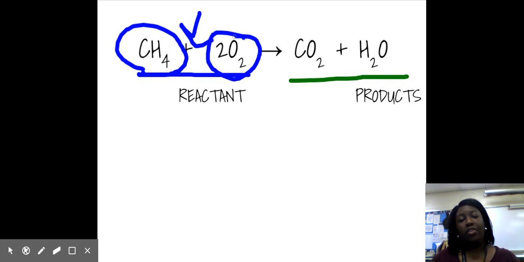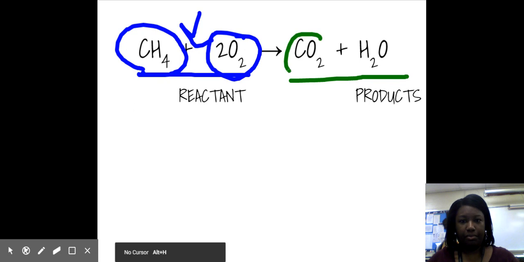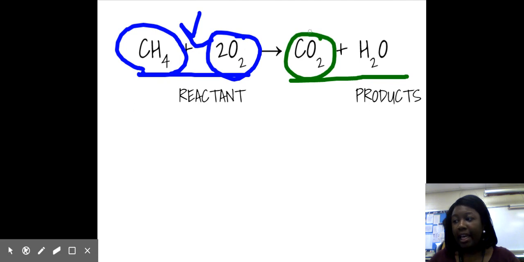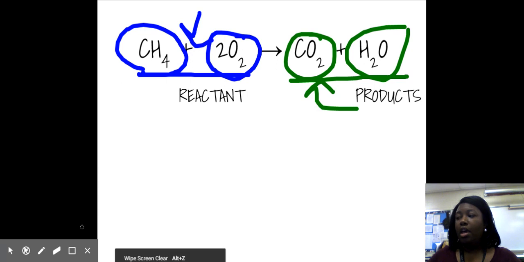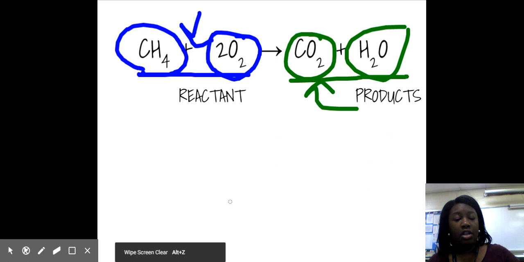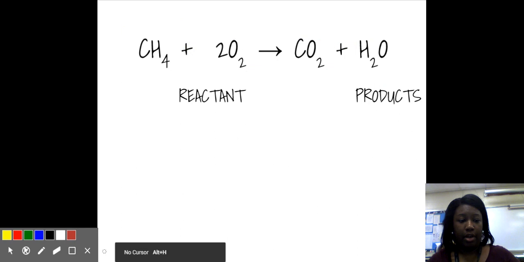If we put methane and oxygen together, I'm going to get carbon dioxide, and I'm going to get a little bit of water, okay. So those are the products. So we have the reactants we start with, and we finish with the products, okay.